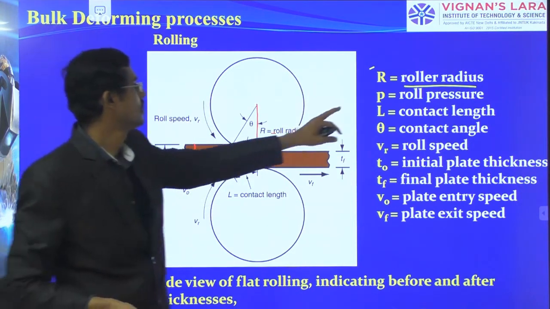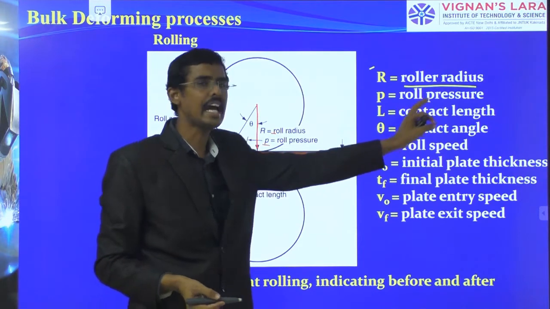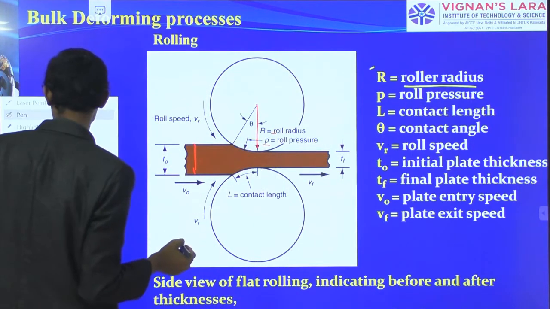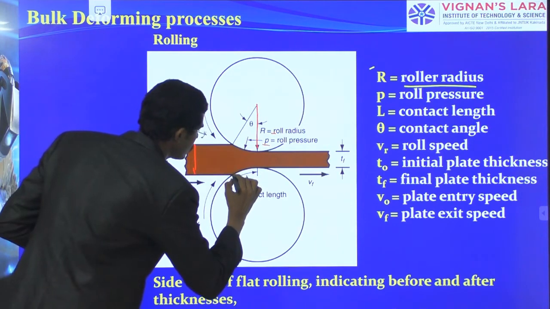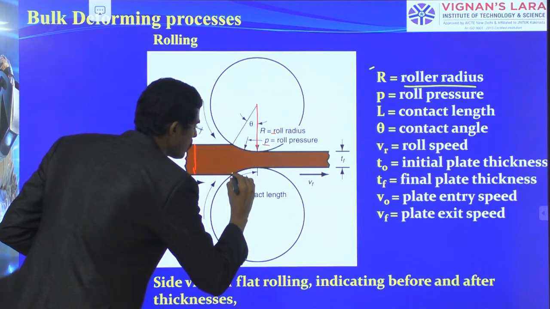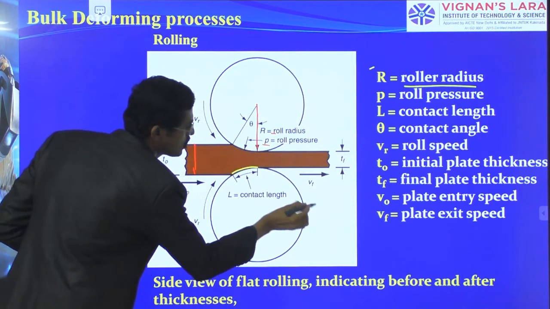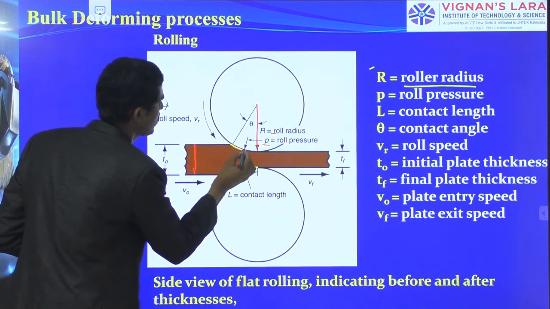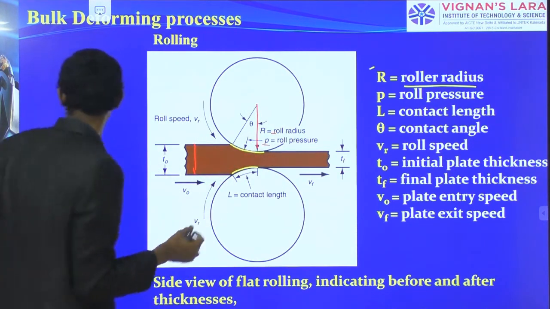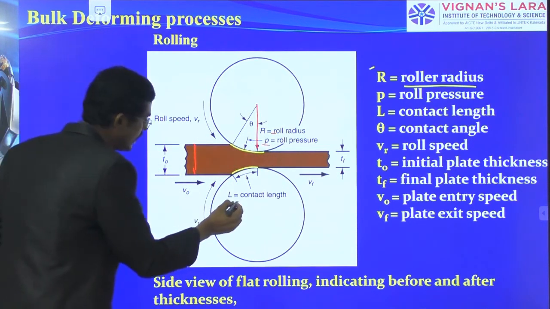And then L is the contact length. Where is the contact length? You see, here, two rollers, the specimen is coming. This is the contact length, and then it is going to be relieved. So these two zones I am mentioning as the contact length.